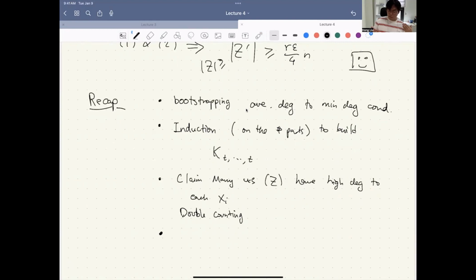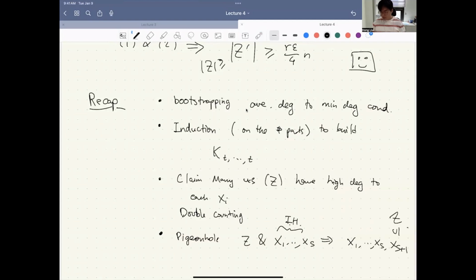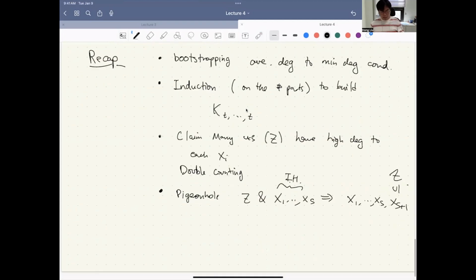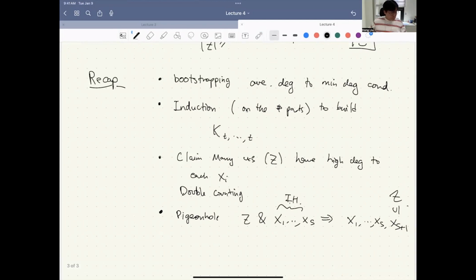You have this set Z, then just by pigeonhole averaging, this set Z together with x_1 to x_s from the induction hypothesis will give you x_1, ..., x_s, x_{s+1}, which is a subset of Z. Okay, all these nice little tricks together. Any question?